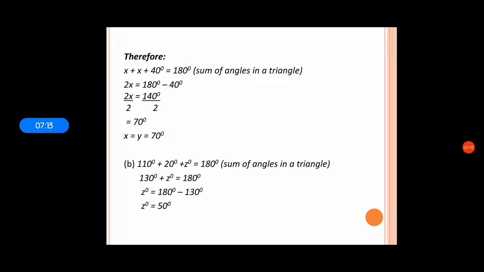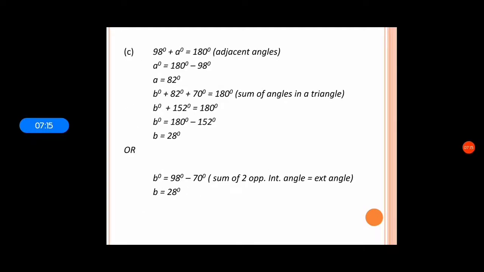Let's go to the next slide to see it. 98 and A form adjacent angles, and adjacent angles sum to 180 degree. So we have our A plus 98 equals to 180 degree. The reason is because the two of them are adjacent angles. So our A equals to 180 degree minus 98 degree. So A equals to 82 degree.